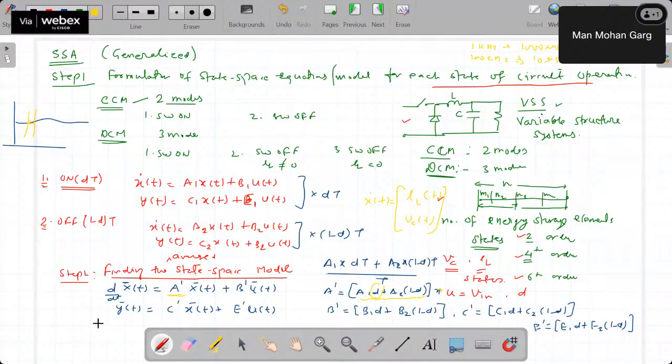This is state space averaged, but not linear. So this is a state space averaged non-linear model.